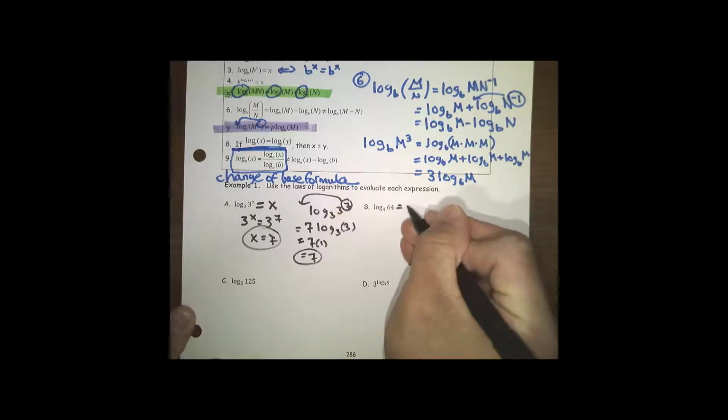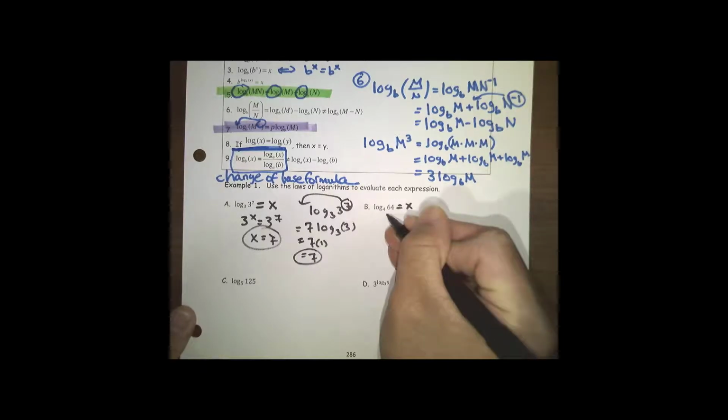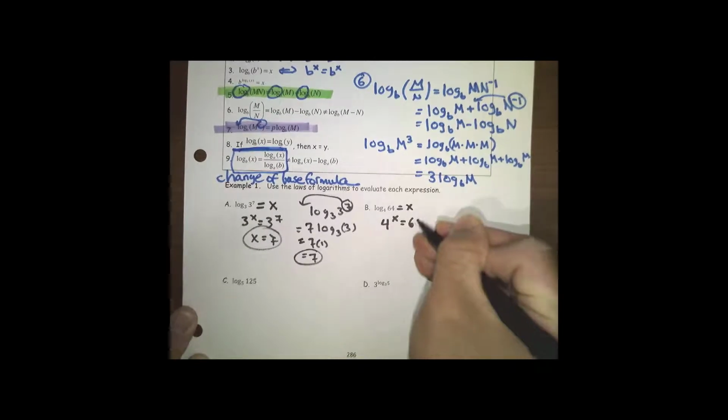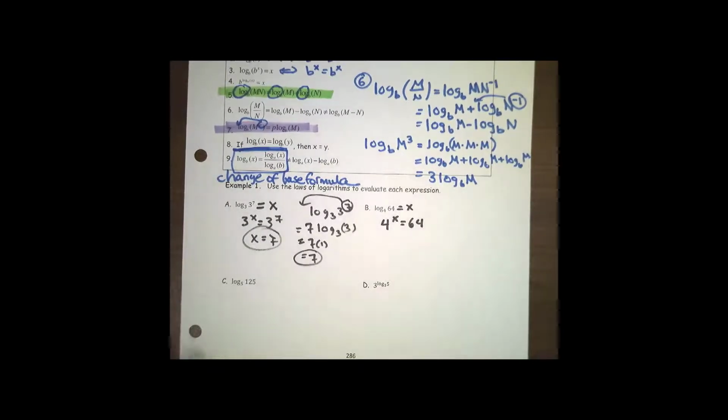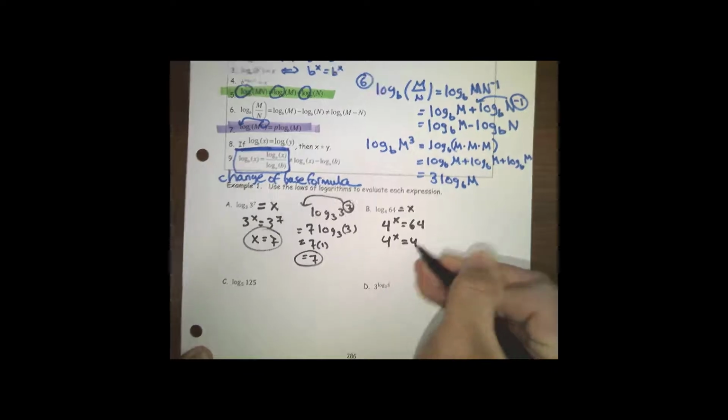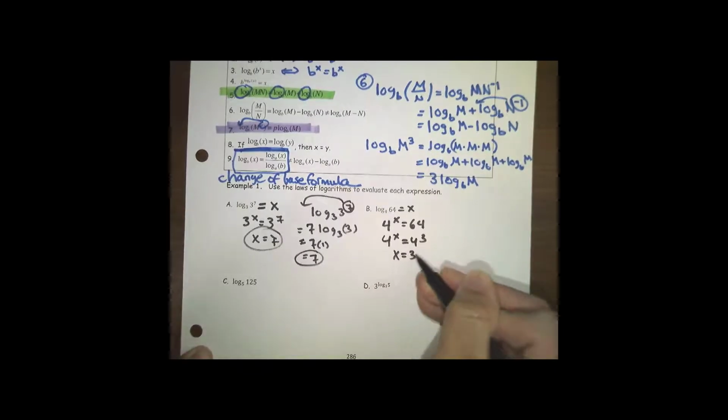All right, so the same thing here. I set this equal to some x value, and so before I would have said this is 4 to the x is 64, and then I need to figure out 4 to what power is actually 64, so that would be 4 to the third power, so x is equal to 3.